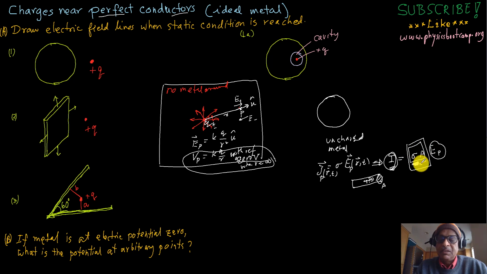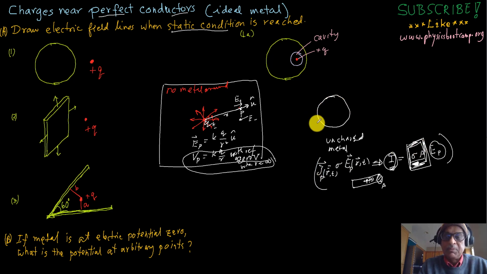If sigma is infinite, then at this point P the electric field will be 0. But for any finite sigma, which is the regular metal, if there is a current, then there will be an electric field, and that's why we want to work with a static condition. So this is coming up in the future.